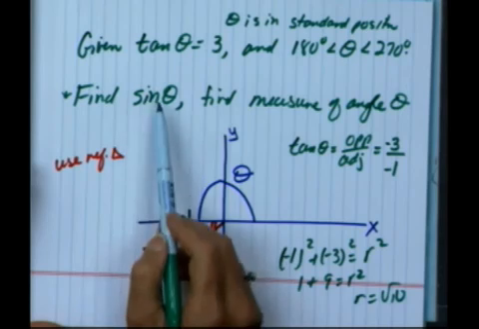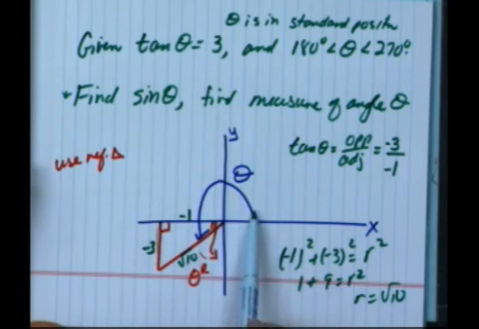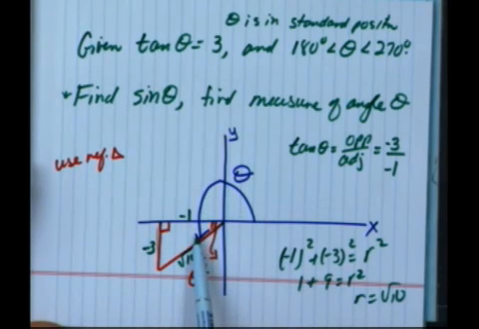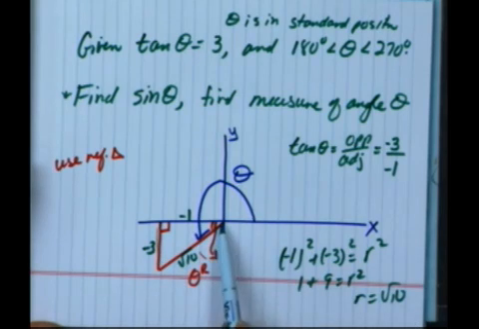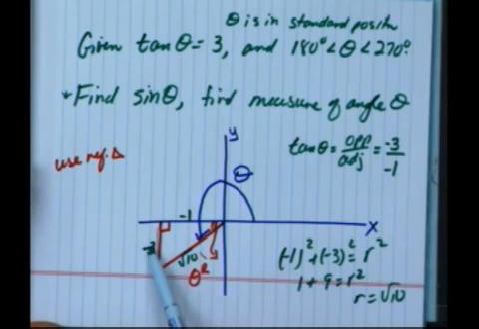The question is to find the sine of this big angle theta, but we use our little reference triangle to give it to us. So using our little reference triangle, the sine is what, everybody?